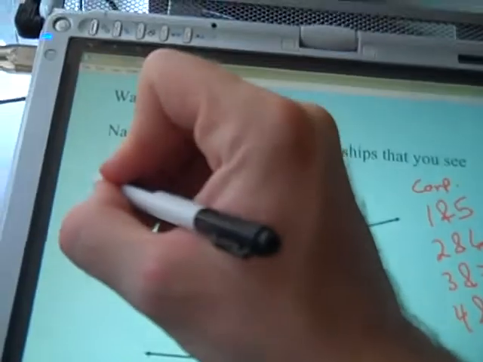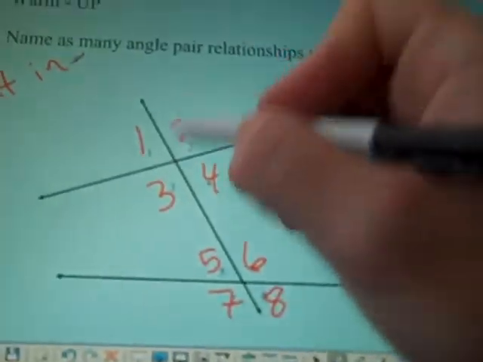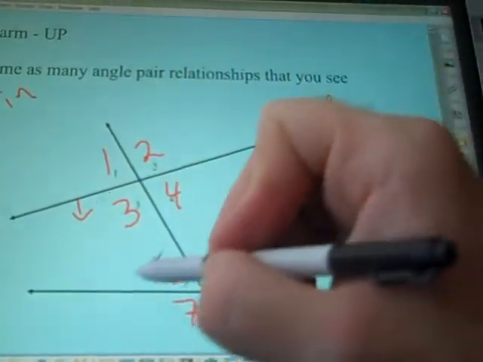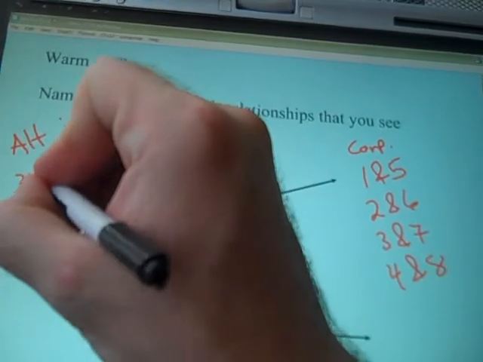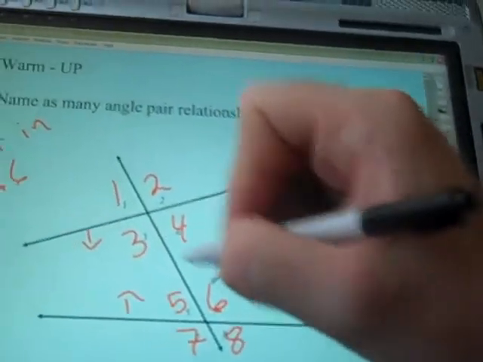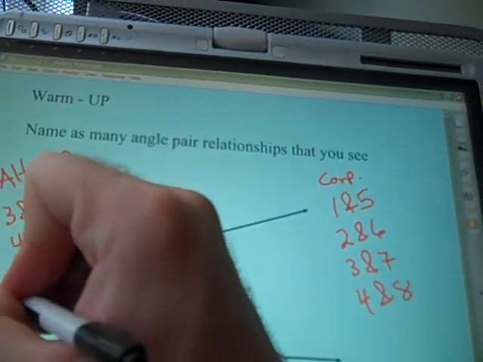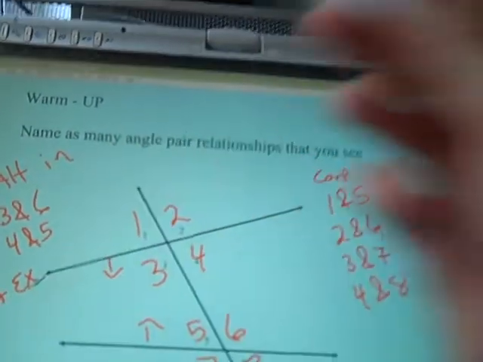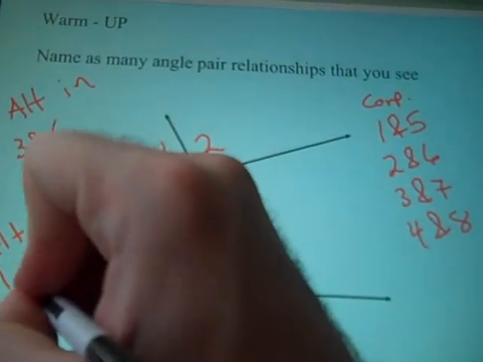Okay. Over here we'll do our alternating interiors. Remember, so inside the lines and crossing the transversal, so 3 and 6. Okay. And 4 and 5. And on the same lines, the alternating exteriors, so they're on the outside, so 1 and 8.